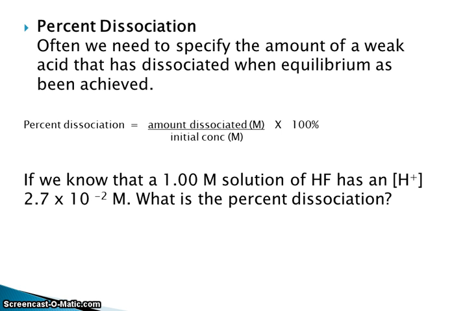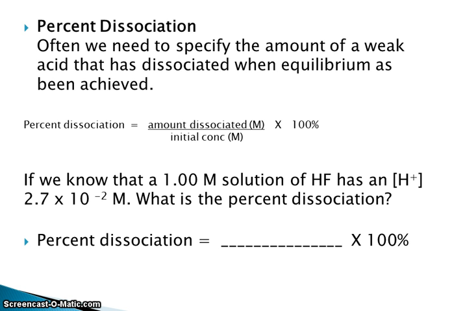So if we know that a 1.00 molar solution of hydrofluoric acid has an equilibrium concentration of hydrogen of 2.7 times 10 to the minus 2 molar, what's the percent dissociation? We'll take the amount of acid that dissociated, which is equal to the hydrogen ion concentration, 2.7 times 10 to the minus 2.